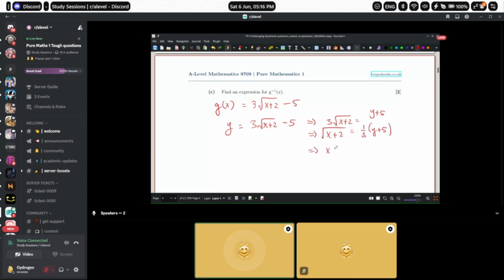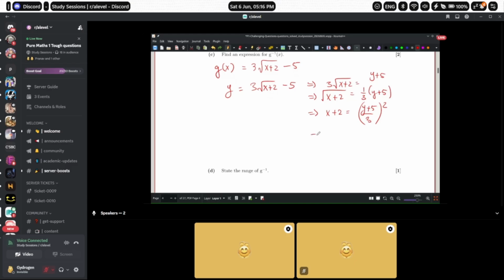So then x plus 2 is the square of this, and x is ((y plus 5) over 3) squared minus 2. Right? So then g inverse of x, you just take this expression and put x instead of y. So this is the answer.